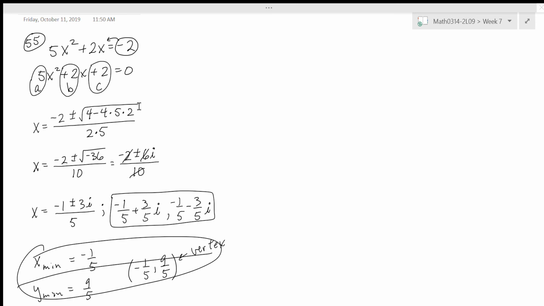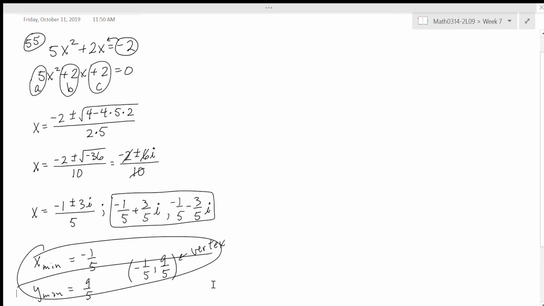So we have y equals 5x squared plus 2x plus 2. There you go. There's the parabola. There's the vertex. Is that actually right?